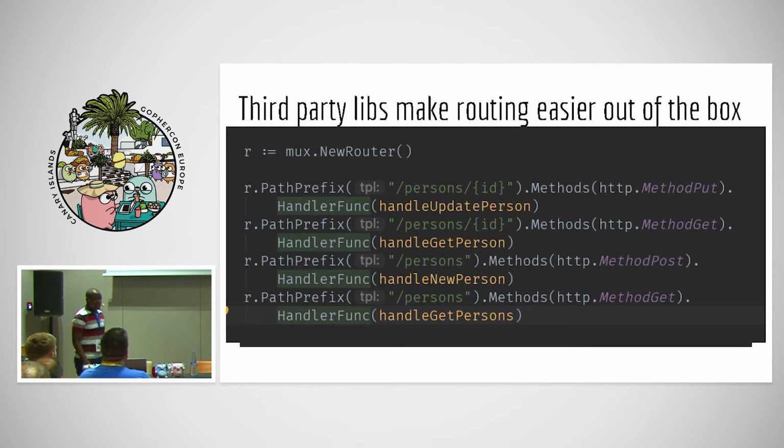For example, when using GorillaMux, the order of the routes that you define and provide to the multiplexer really matters. So if we were to reorganize these parts so that the two at the bottom go to the top, suddenly the get for person wouldn't work for the specific ID. It would only be routed to the get for a list of persons.